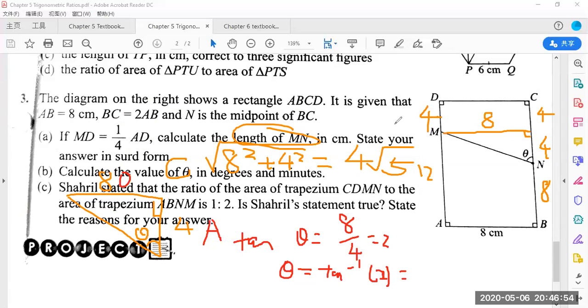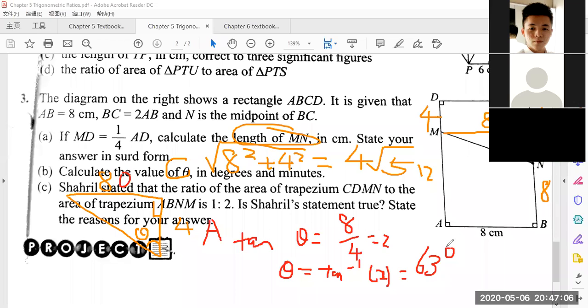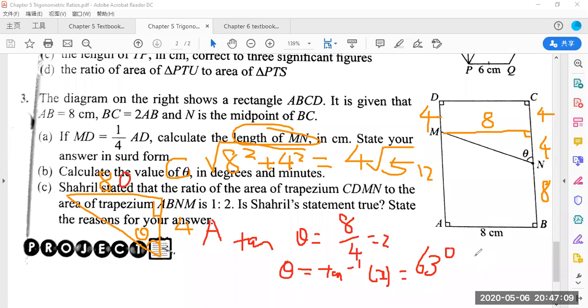We change to the degree and minute. So it's 62 degrees and 26 minutes, right? So we have done A and B, right? So 4 surd 5 and 62 degrees 26 minutes.